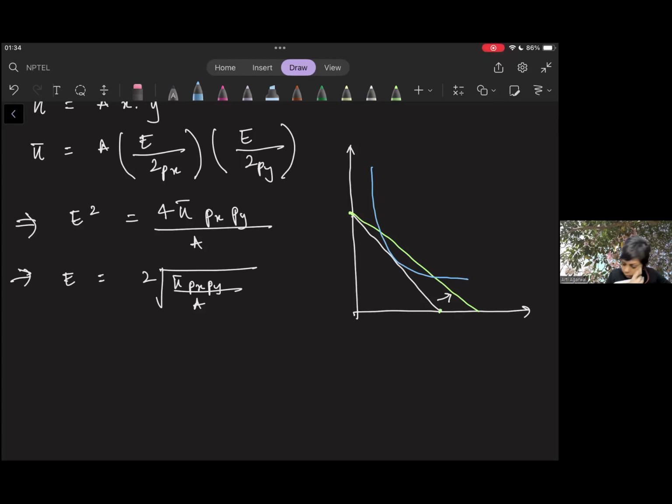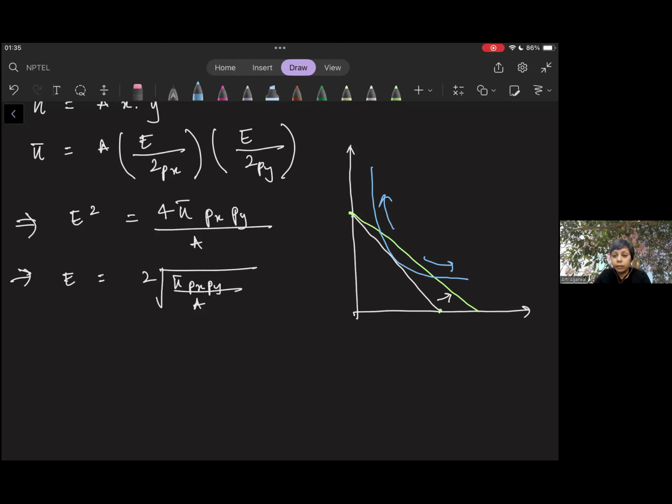And there is some other point where this whole thing is becoming tangent again. What you're doing is you're moving along the indifference curve. That is the main thing to remember. You're not actually leaving the indifference curve. Let me rephrase that.